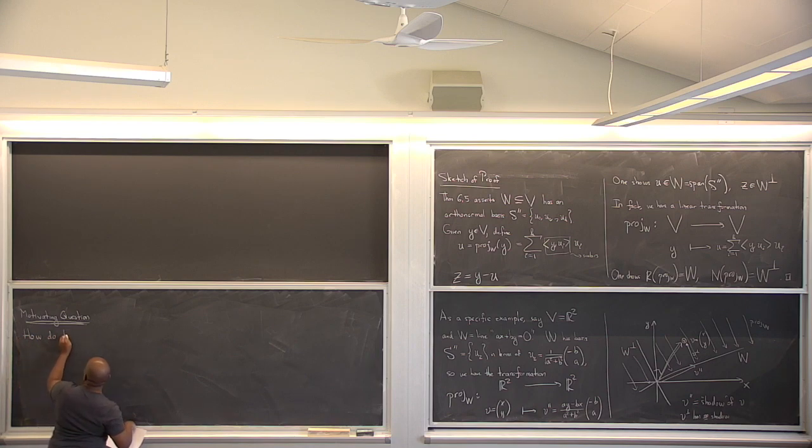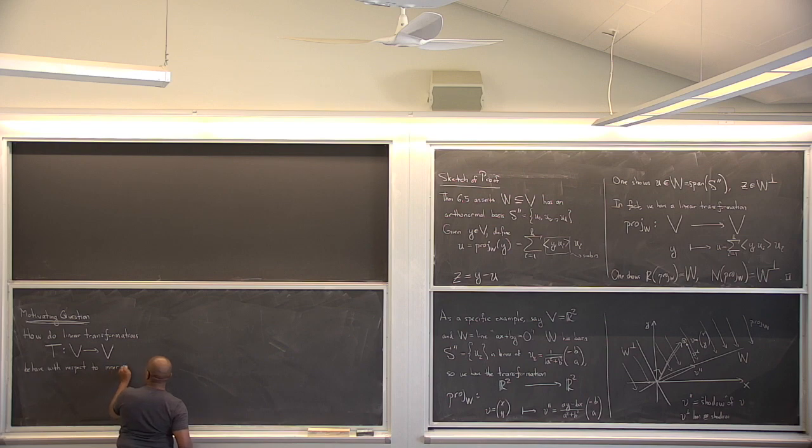How do linear transformations, say T going from V to V, behave with respect to inner products?